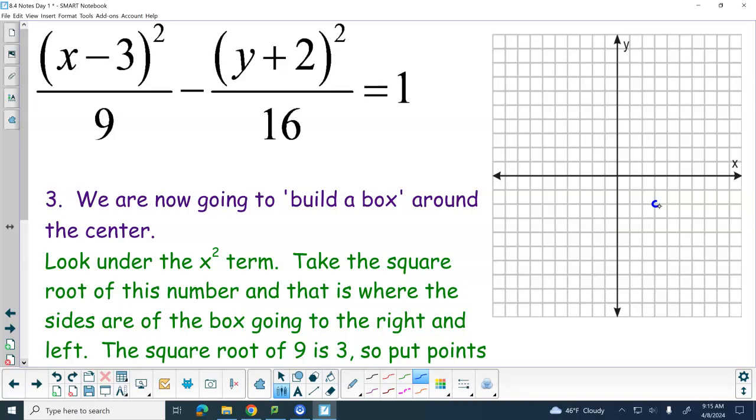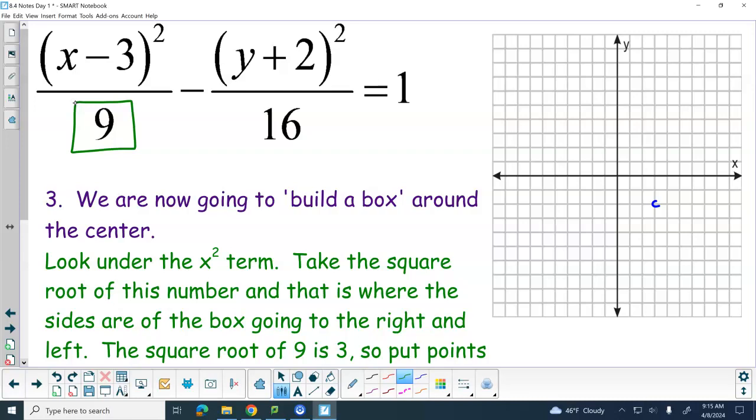Step number 3. Now, we're going to build a box around the center. The box is going to be built very similarly to how we built our ellipses last week. We're going to look underneath the x squared term. In this case, that is 9. We're going to take the square root of it because that's technically a squared. So a would be 3.